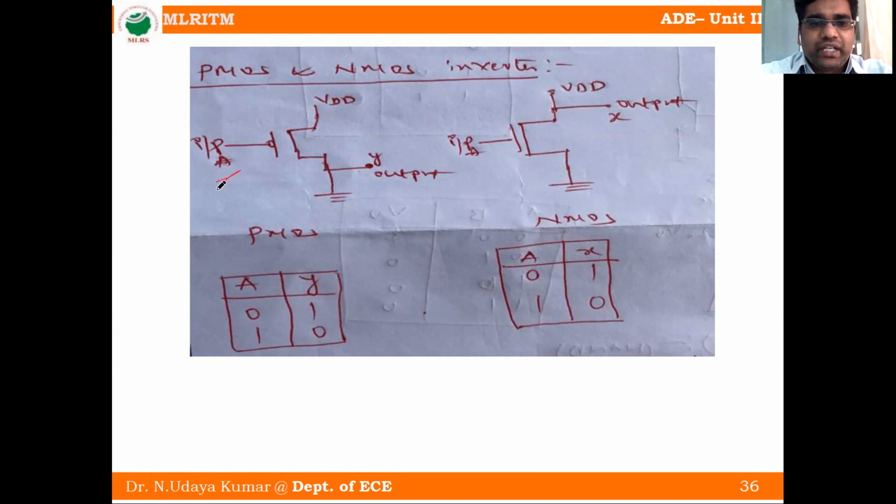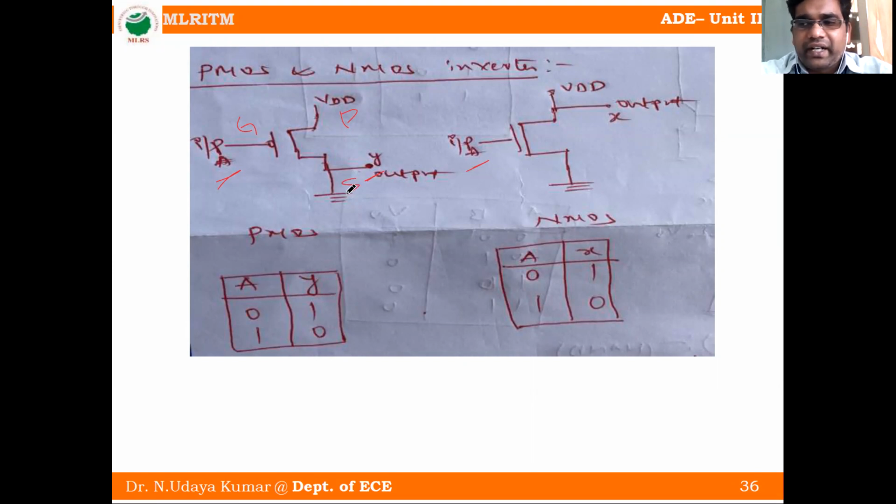Input is A and output is Y. In the second transistor also the input is A and the output is taken near VDD. We know that this transistor has three terminals: this one is the gate terminal, this one is the drain terminal, and this one is the source terminal.